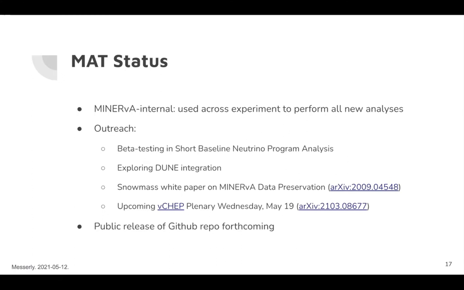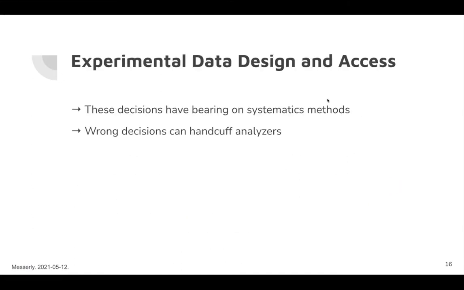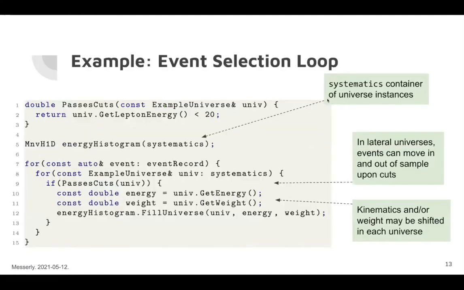Nick, yes, please. Sorry, I was muted. On the slide where you have the sketch code, I was a little perplexed. How does this passes cuts know which event it's in? Maybe you just omitted a line where systematics is somehow tied to the event record. We just omitted a line.